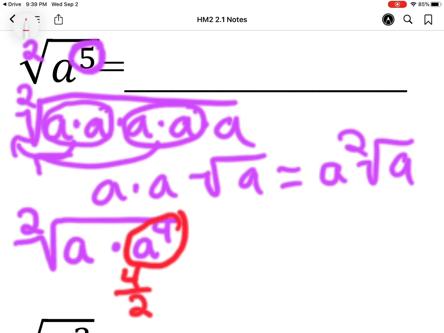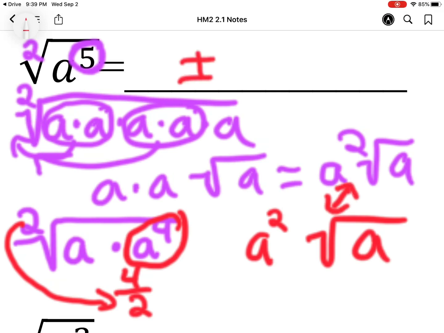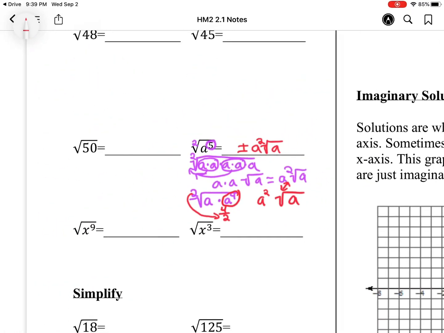Just this a to the 4th, we're going to take the exponent and divide it by the index. We're going to have a to the 2nd on the outside with that a to the 1st left over. Either way is fine with me. Either way, our answer is plus or minus a squared times the square root of a.